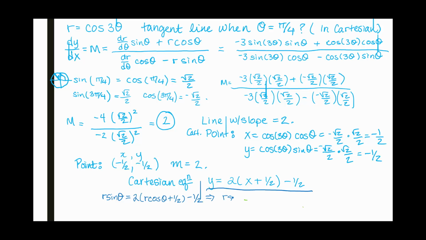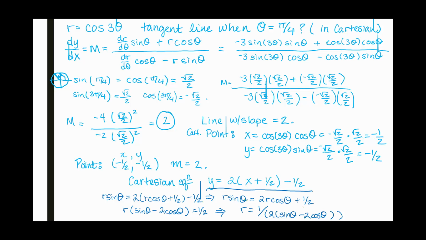So we have r sine theta equals 2r cosine theta plus 1 minus 1/2, which is just a net of plus 1/2. And so I'm going to bring all the terms that are multiples of r to the same side. So I'm subtracting that 2r cosine theta term over, equals 1/2. And now I divide by that, and I get r equals 1 over 2 times sine theta minus 2 cosine theta.